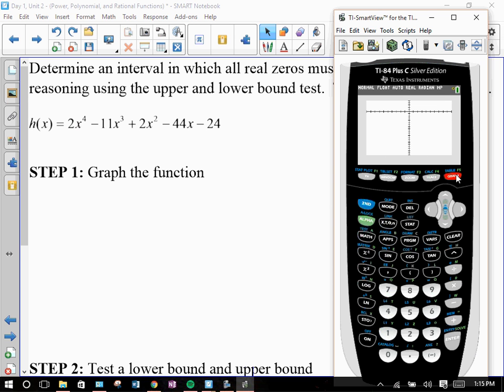We'll use my graph. It goes down further. That's cool, we know it goes down there. So you graph the function.